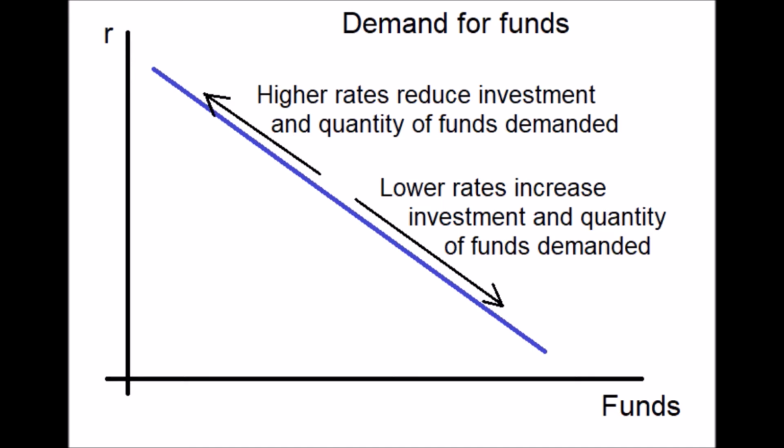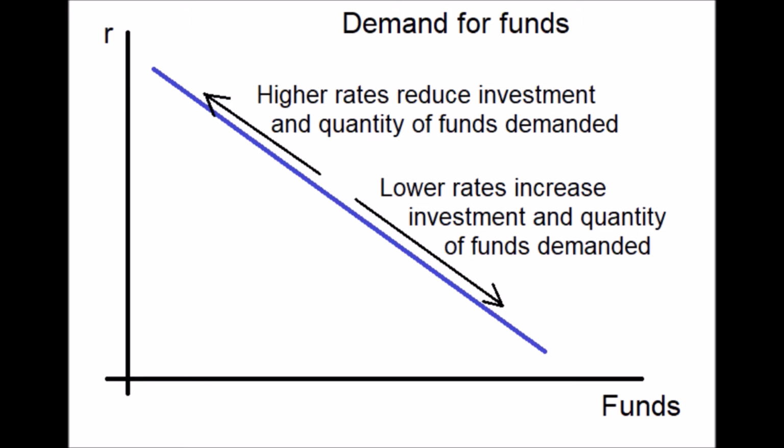Lower interest rates would make the cost of investments cheaper, that would increase investments, and it would increase the quantity of loanable funds demanded. So the changes in real interest rates lead to a movement along the demand for loanable funds. Another factor that would affect the demand for funds is expected profits.